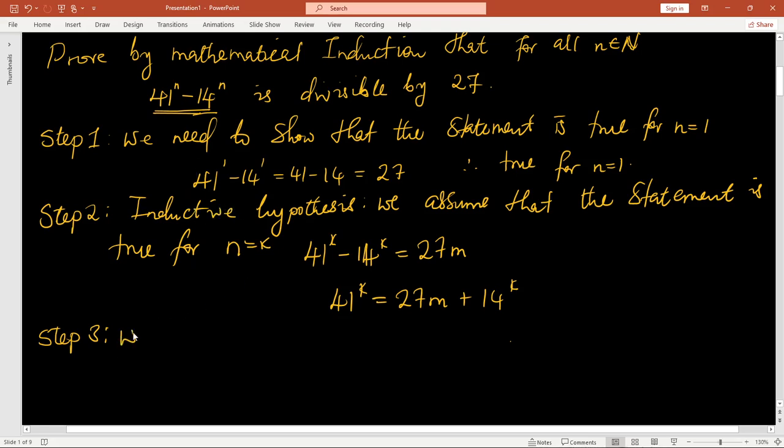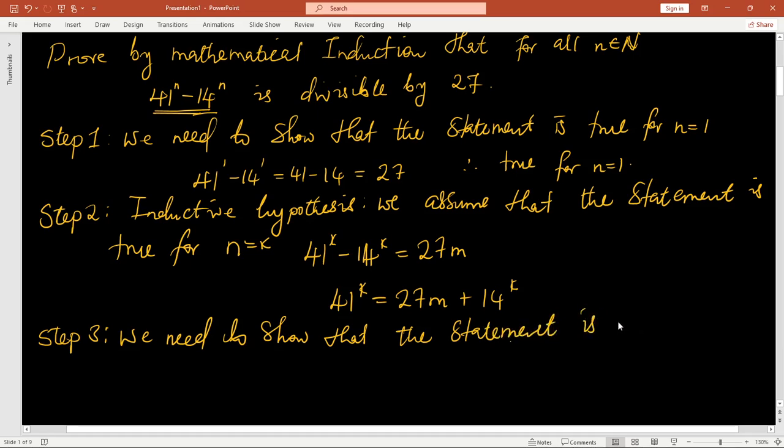So we say we need to show that the statement is also true for n equals to k plus 1. So we get the expression the way it is, and then where there's n, we just substitute with k plus 1, and then we start simplifying it.